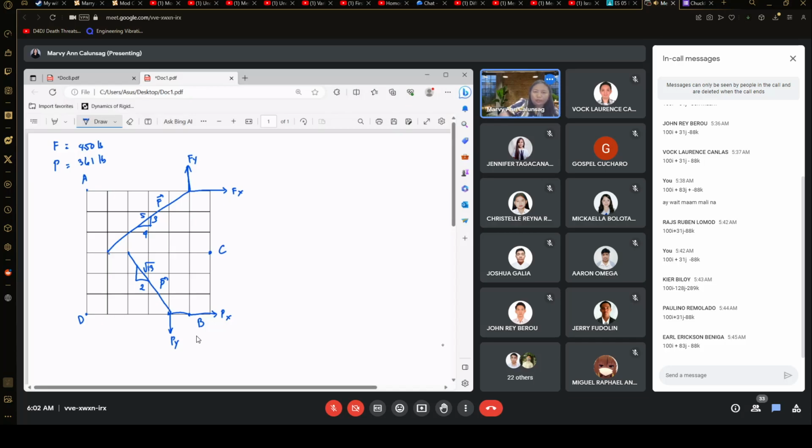So we are to get the moment of F about point A, point B, point C, and point D. And then the moment of P about A, the moment of P about B, the moment of P about C, and the moment of P about point D.